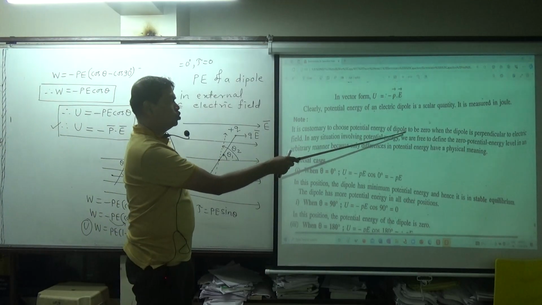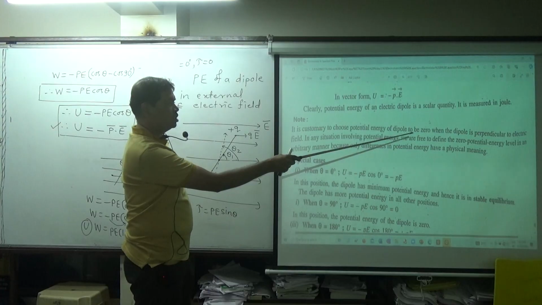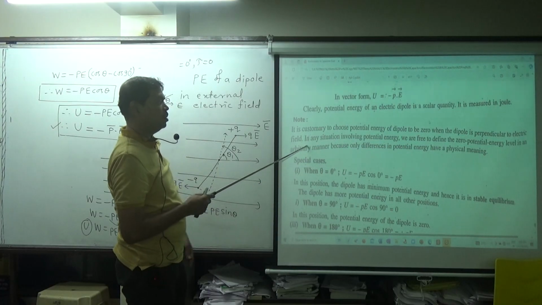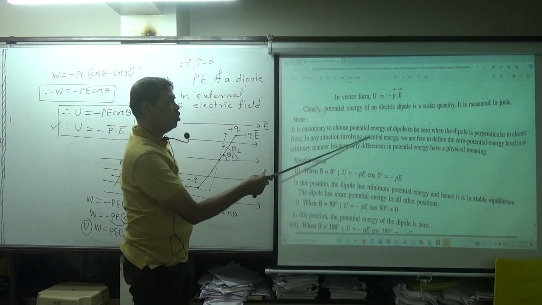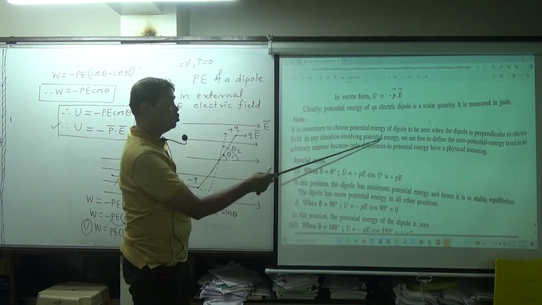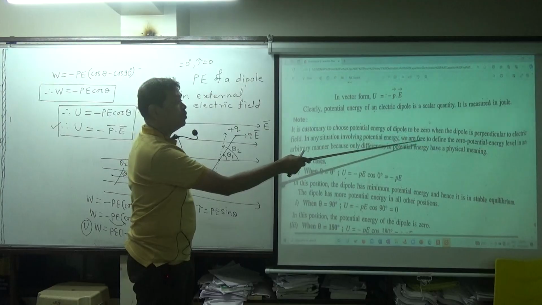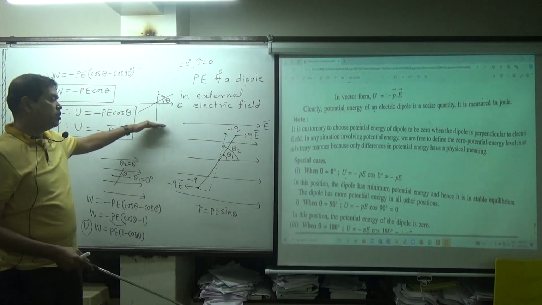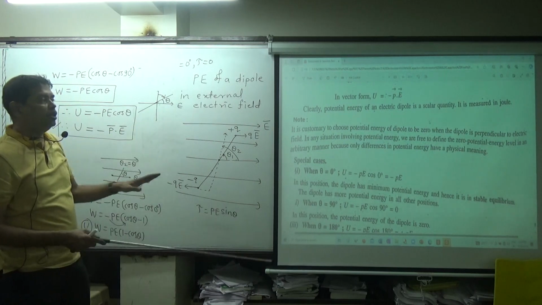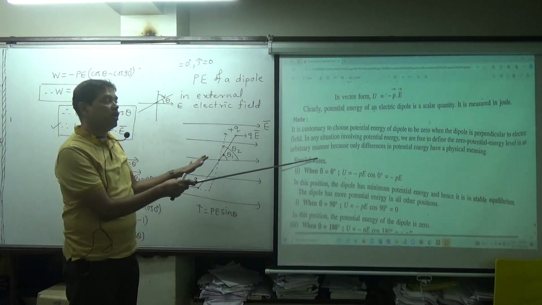It is customary to choose potential energy of dipole to be 0 when the dipole is perpendicular to the electric field. In any situation involving potential energy, we are free to define zero potential level. अभी तो मैंने दिखाया zero potential level you can define in arbitrary manner.